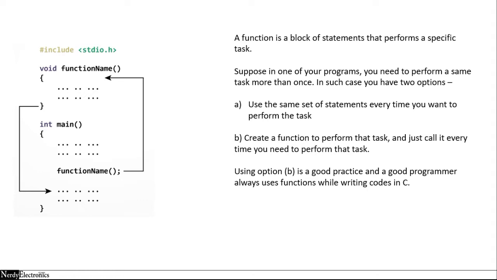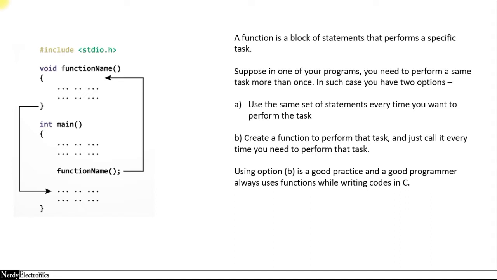Let's say we are calculating the sum of two numbers at multiple places, or we are reading the temperature from a sensor at multiple places. In such cases, we have two options. Either we use the same set of statements every time we want to perform the task. Like let's say there are 10 statements that are required to read the temperature sensor.